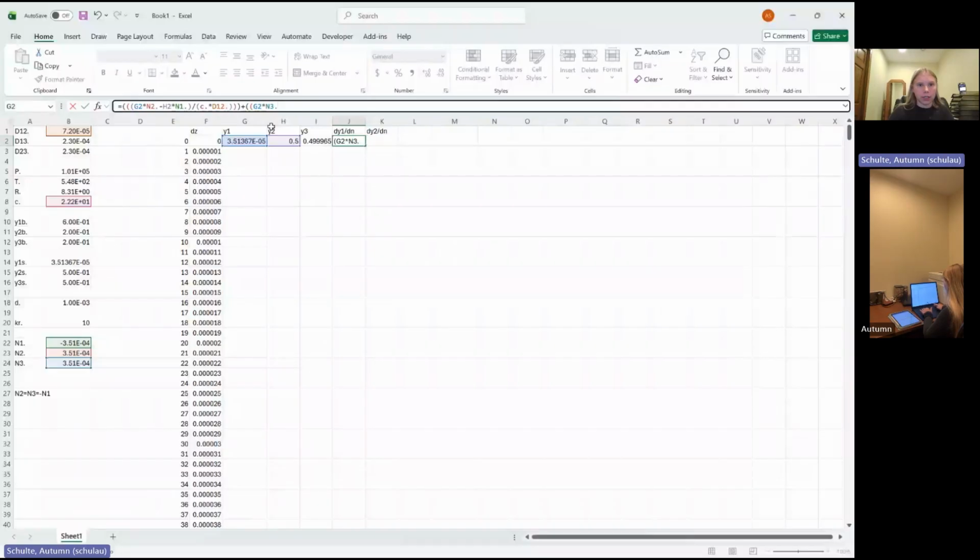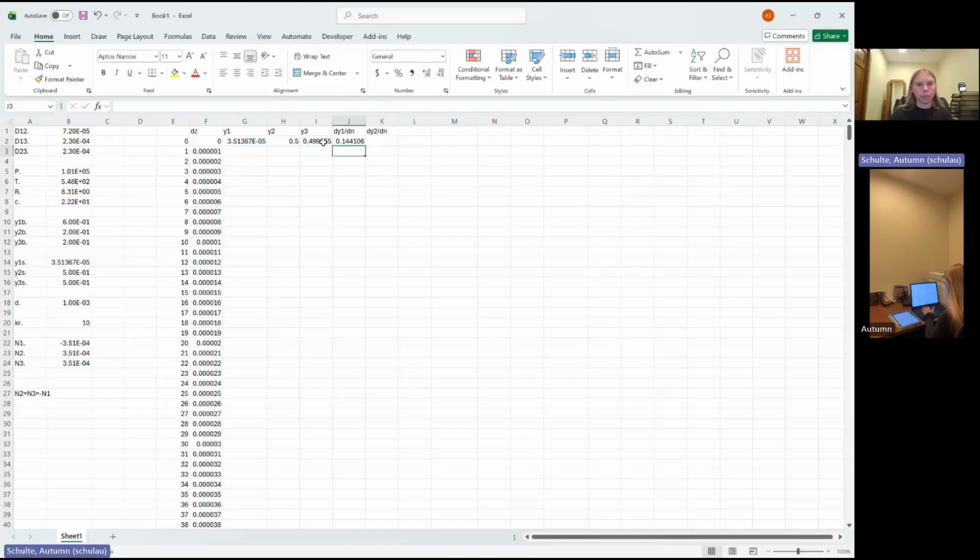This is going to be subtracted by the mole fraction of our hydrogen multiplied by the molar flux of our ethanol. And this is going to be again divided by the concentration, and this time multiplied by the diffusion coefficient of the ethanol through the hydrogen. So we can put that in, hit enter.